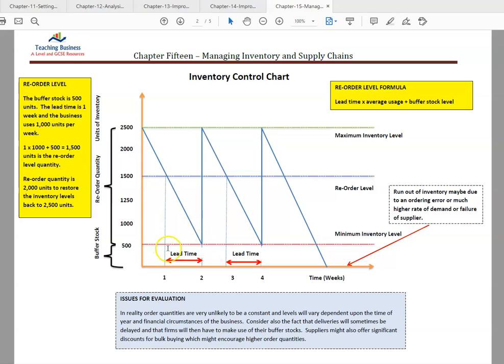You need to know the lead time, so you need to know how long it takes for an order to come in, and how much you will get through in that time. You need to know the most you can store and only order up to that amount. And you need to know what your buffer amount is, so that you can order when and how much you need at the right time.